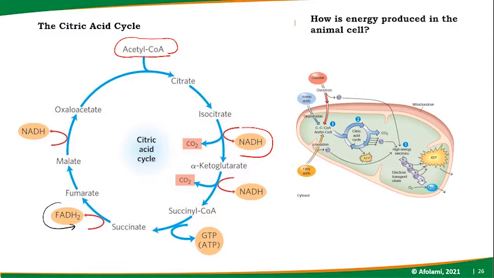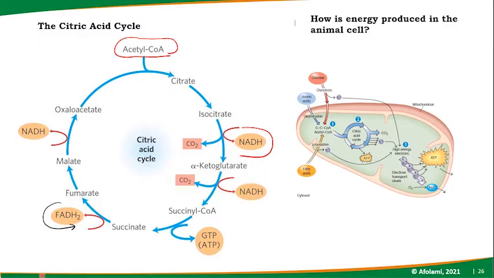So we see here that between the point in which isocitrate is converted to alpha ketoglutarate, NADH is produced. The same way, between the point in which alpha ketoglutarate is converted to succinyl-CoA, NADH is produced.